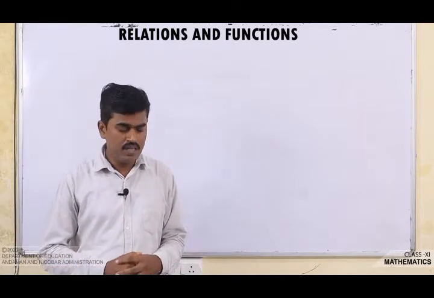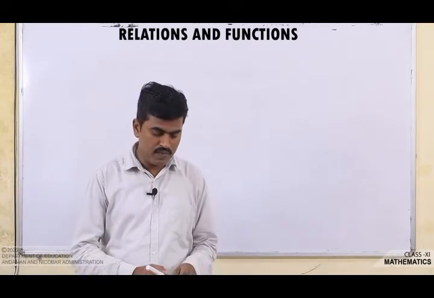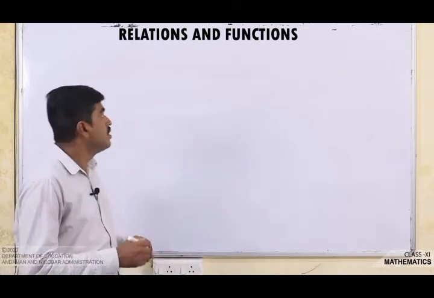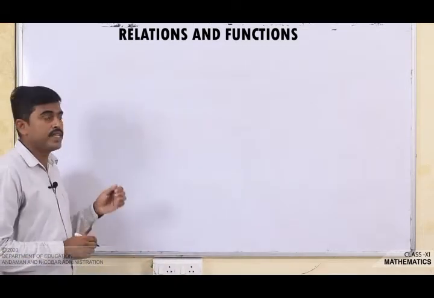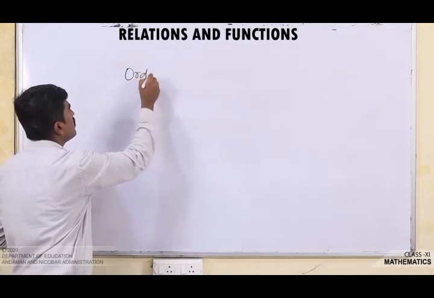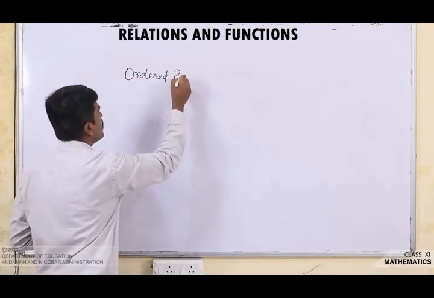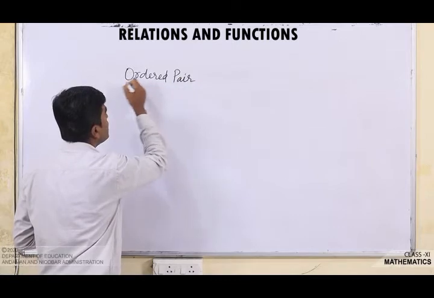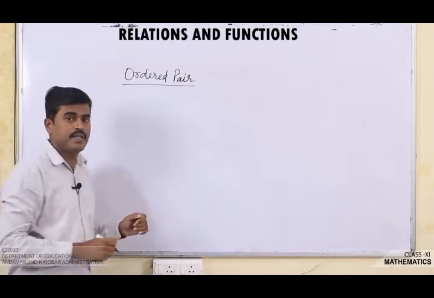First of all, there are some topics which we have to see first. So let's see the first topic of this lesson, that is ordered pair. Let us see what is meant by ordered pair.